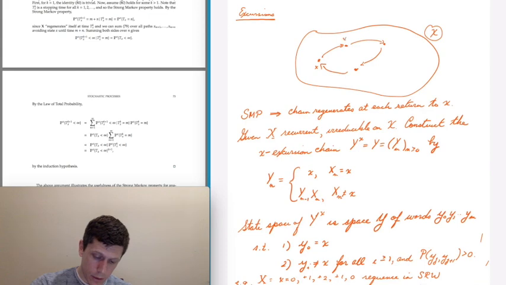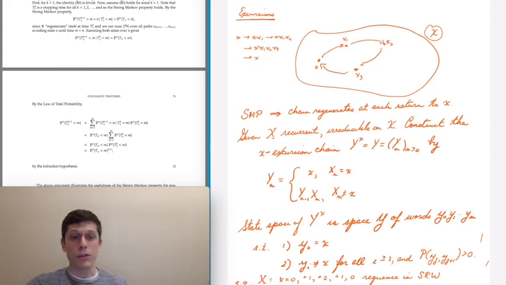So let's say this is x1, this is x2, x3. What we would have in the excursion chain would be, we would go from x to x x1, x x1 x2, x x1 x2 x3, and then back to x, because every time we revisit x, we erase everywhere that we've already visited.